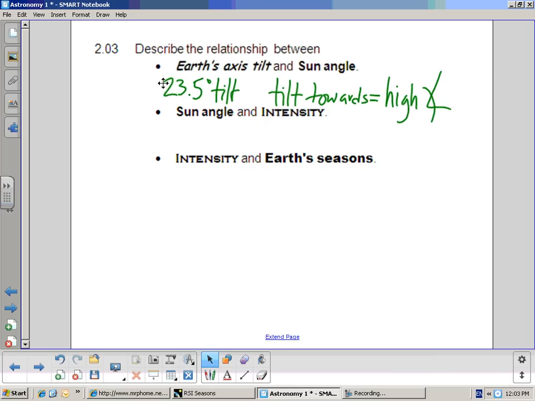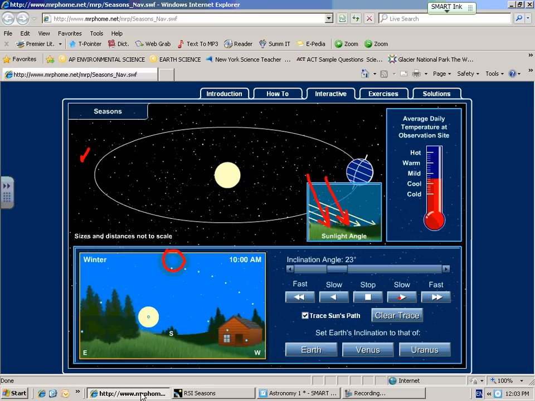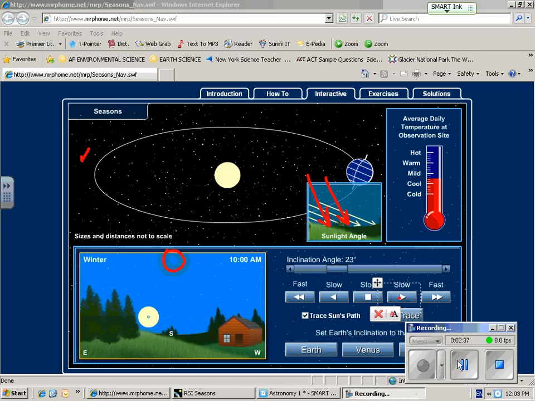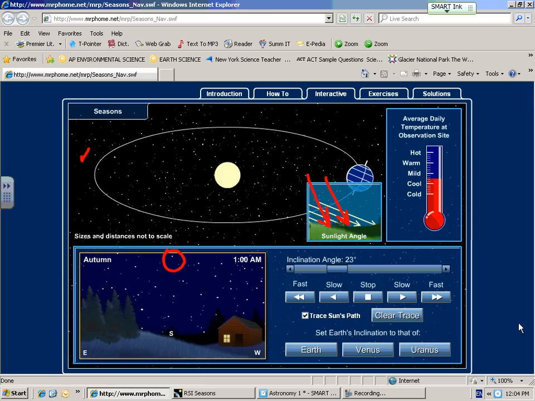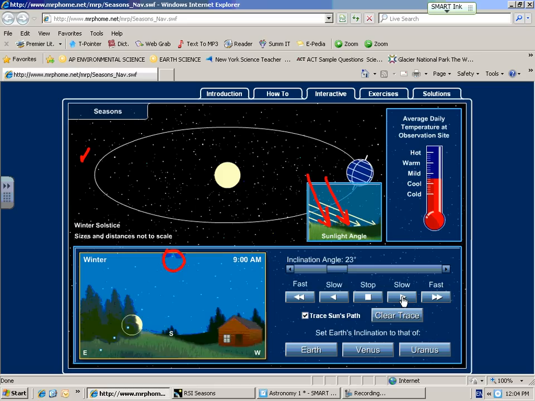Now let's look at how that changes in the wintertime. If we go to wintertime and we let this run really slowly, you're going to see that something different has happened. All right, looking at the wintertime, when we're looking for the sun in the sky, let's see what happens here. Low sun angle.